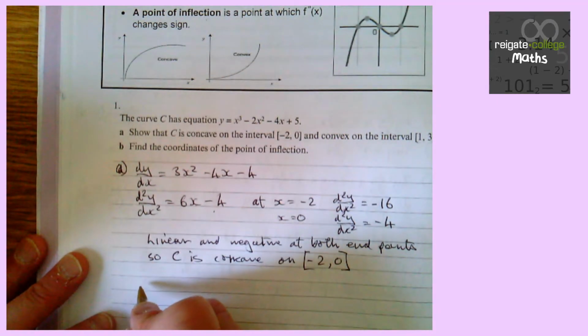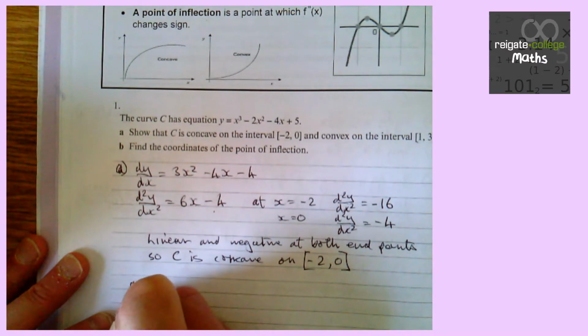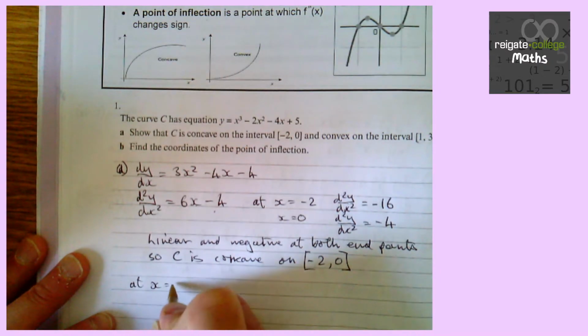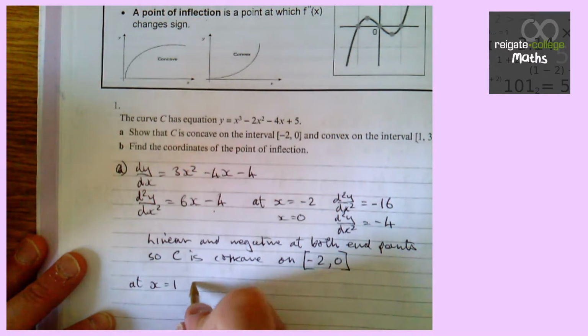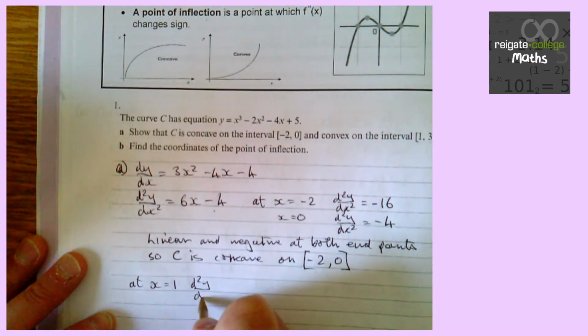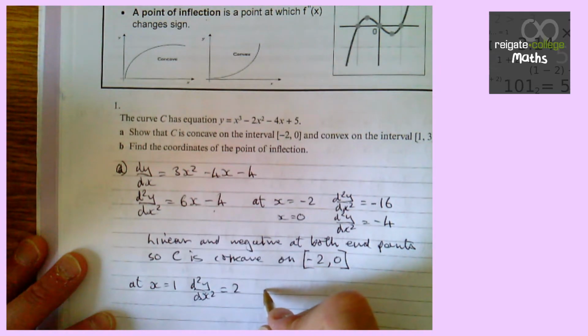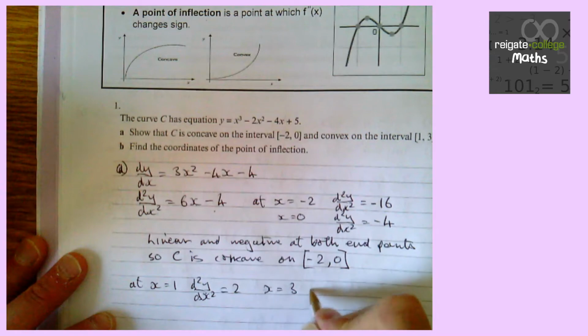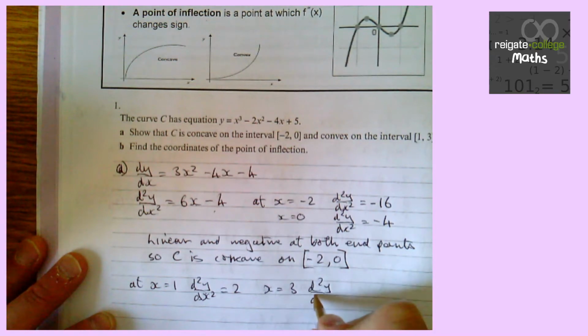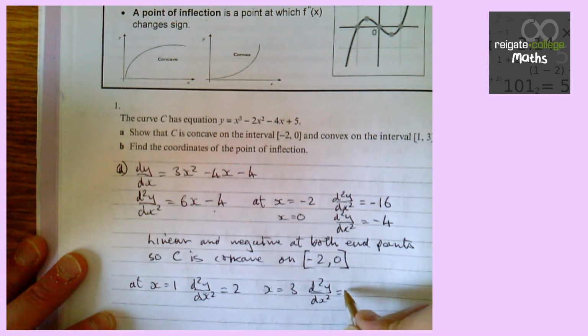On the interval 1, 3, at x equals 1, d2y by dx squared equals 2, and at x equals 3, d2y by dx squared equals 14.